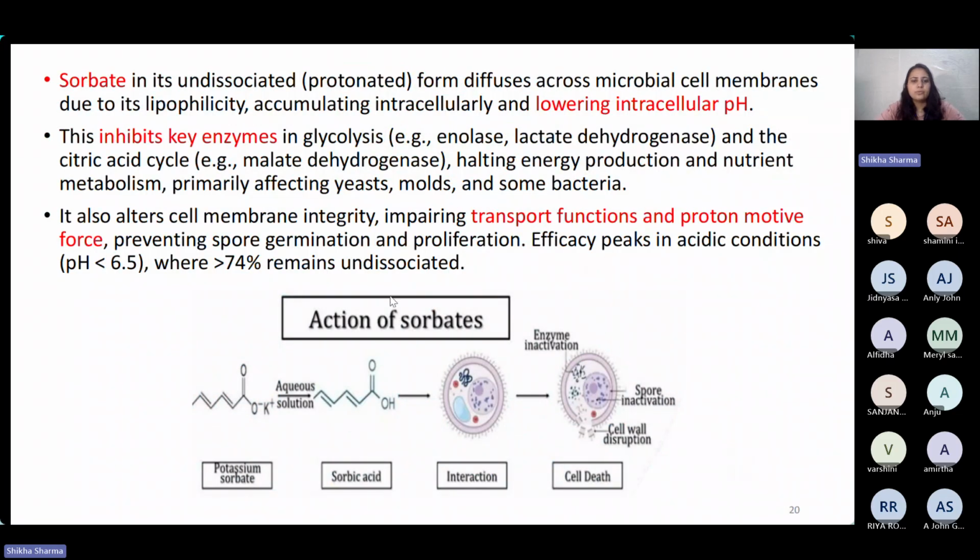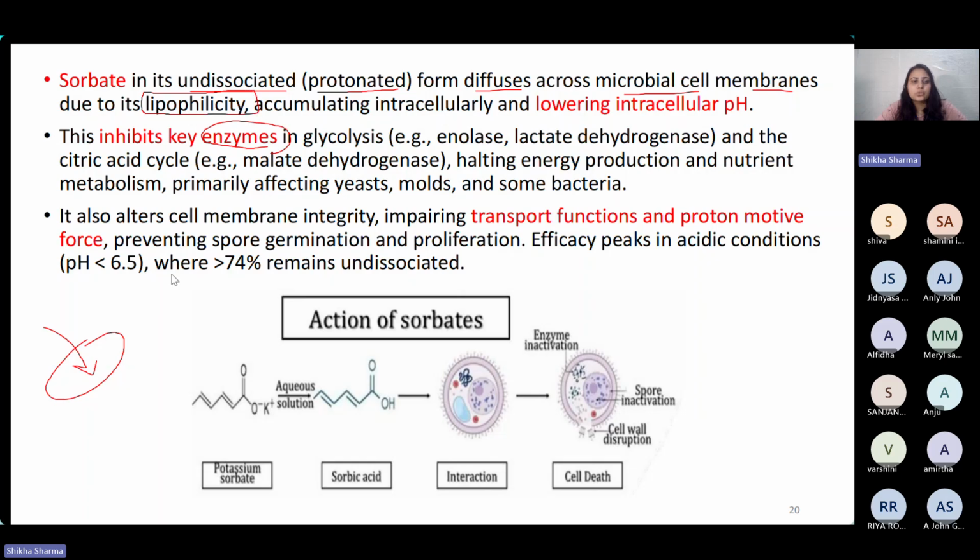So what this sorbate basically does is, in the undissociated or protonated form, it diffuses across the microbial cell membrane. In the undissociated form, it will go inside the microbial cell and inhibit the key enzymes, because it is lipophilic in nature.